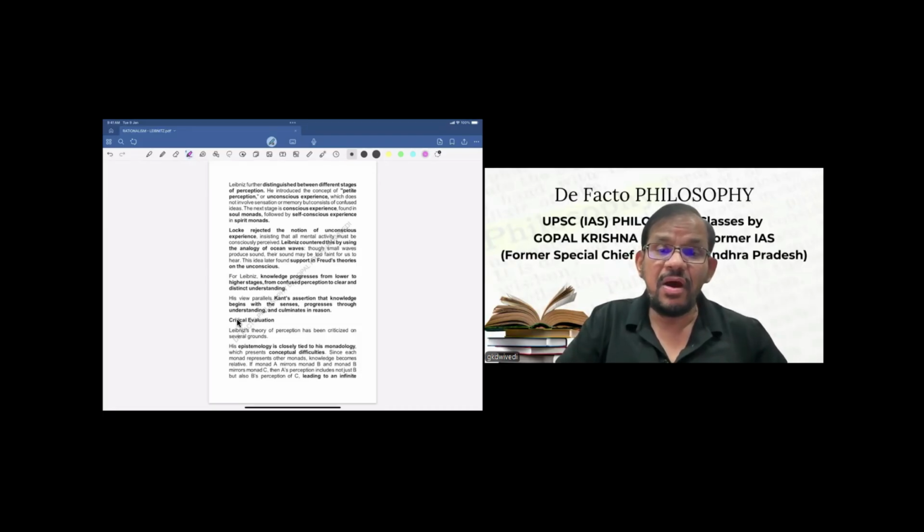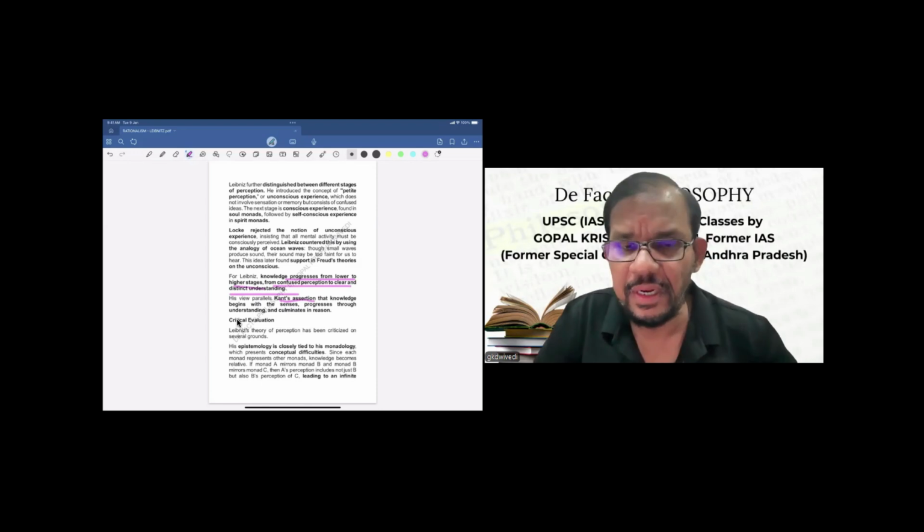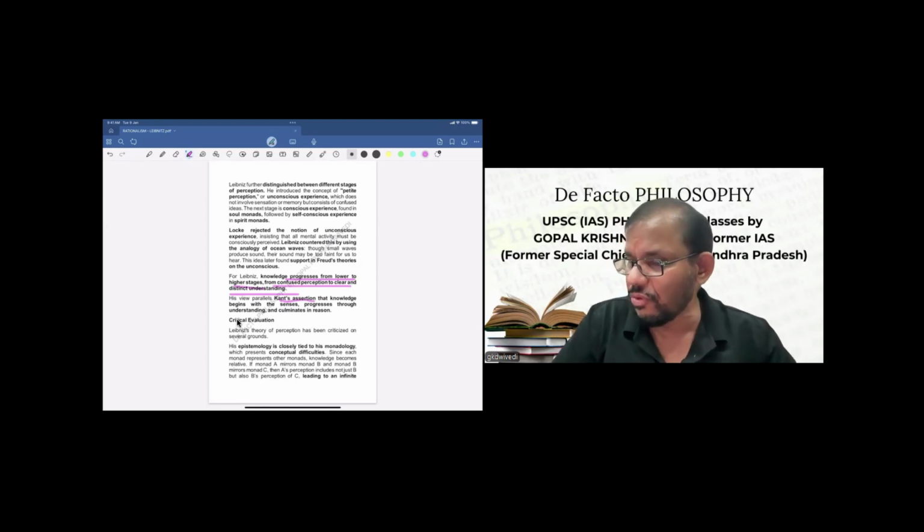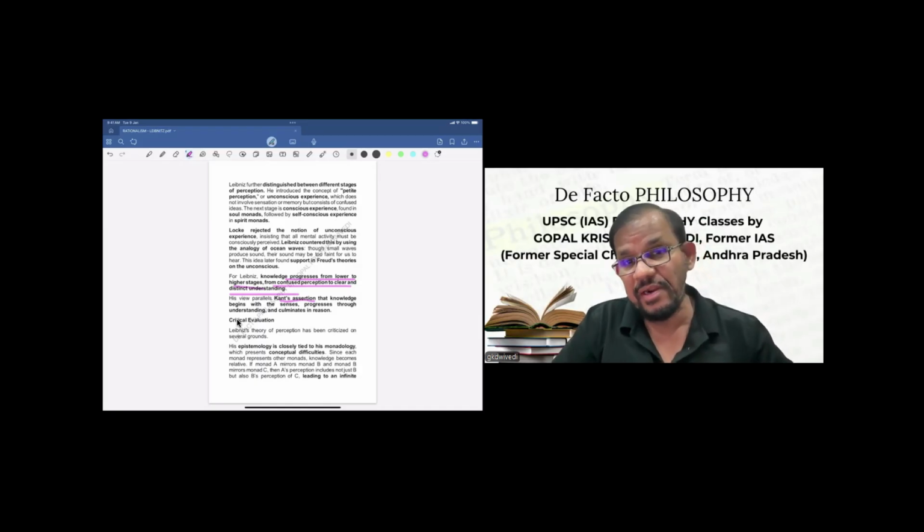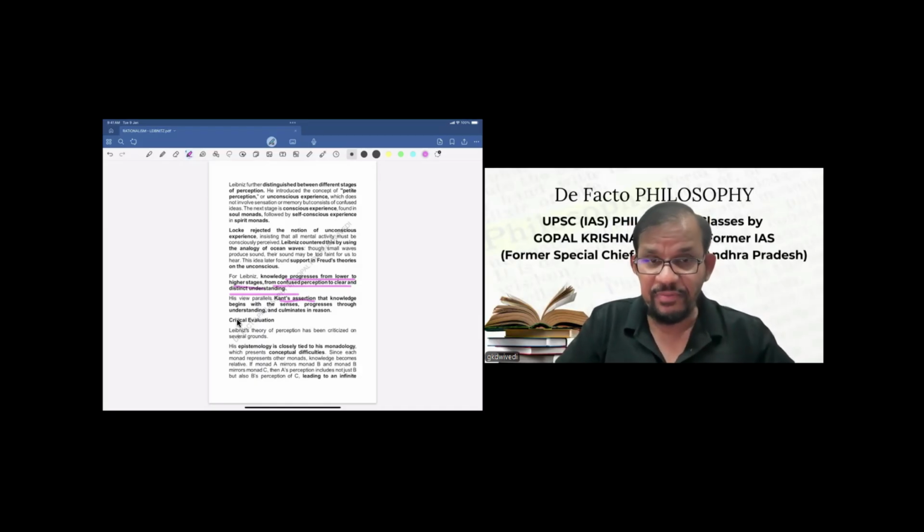For Leibniz, knowledge progresses from lower to higher stages, from confused perception to clear and distinct understanding. His view parallels Kant's assertion. After two weeks we will be coming to Kant also. Kant is a very important philosopher from the exam point of view, and otherwise also in Western philosophy. Kant has been one of the key modern philosophers.